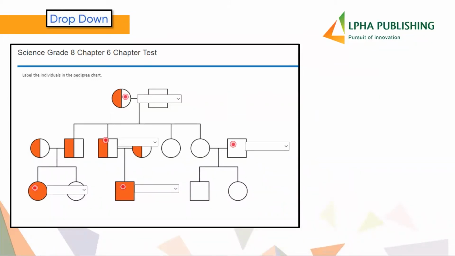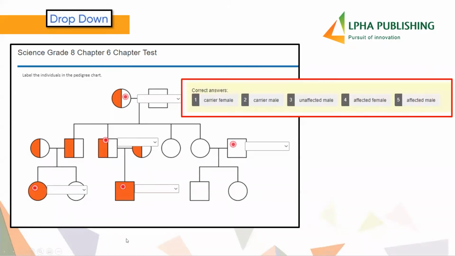And so students are supposed to choose from the drop-down menus whether they're male, female, carrier, or affected. And so the answer, when you look at this teacher page, has carrier female, carrier male, unaffected, affected, affected. And so these are all part of the drop-down menus that students can choose.